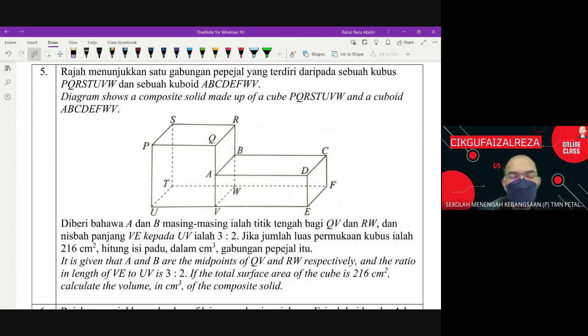So we have our A and B there as the midpoints, which means this one is going to be the same.